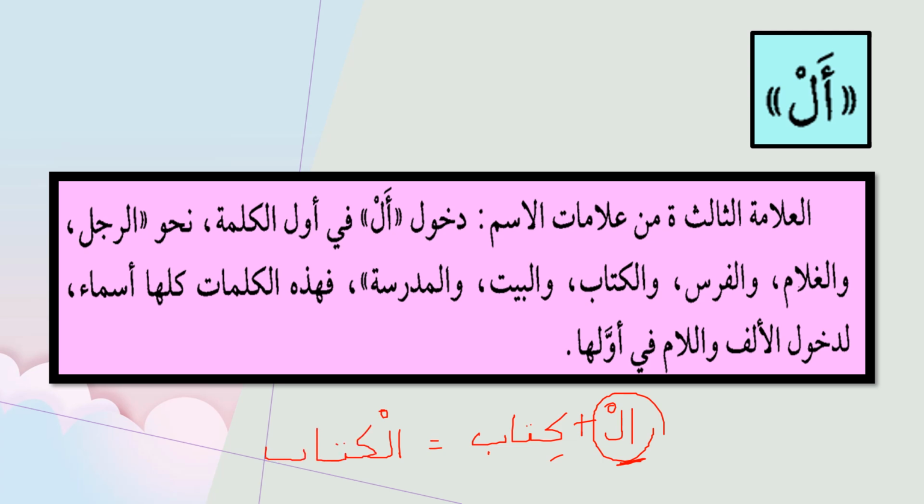And one of the most important things: the moment the lam at-tarif attaches, the tanween is removed. Tanween is removed and a single haraka comes. For example, if I had taken a tanween here, kitabun, the moment lam at-tarif attaches to kitabun, what happens? The tanween is gone and there is only one haraka.